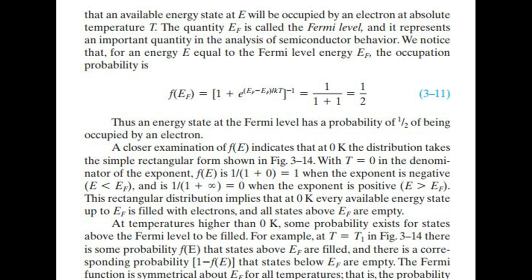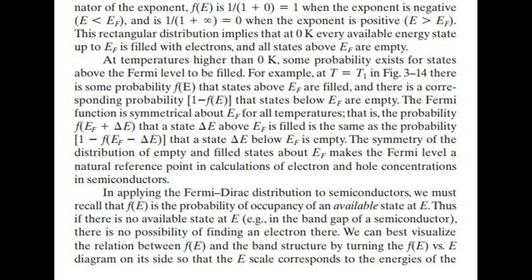The Fermi function is symmetrical about E_F for all temperatures, that is, the probability f(E_F + E) that a state E above E_F is filled is the same as the probability 1 - f(E_F - E) that a state E below E_F is empty. The symmetry of the distribution of empty and filled states about E_F makes the Fermi level a natural reference point in calculations of electron and hole concentrations in semiconductors.